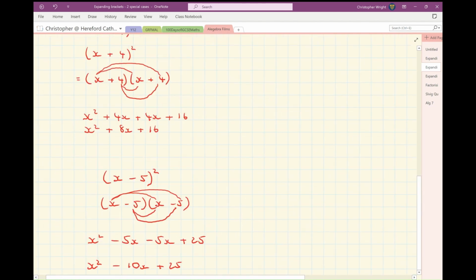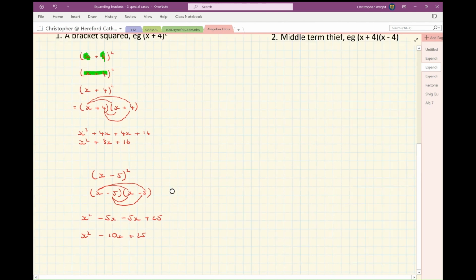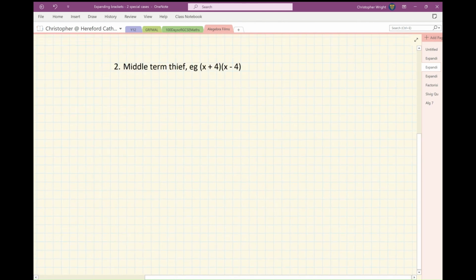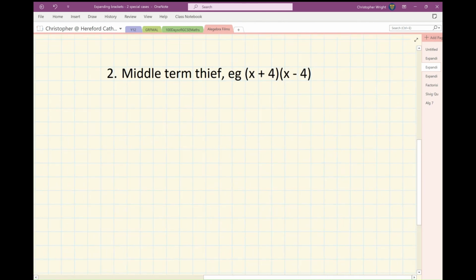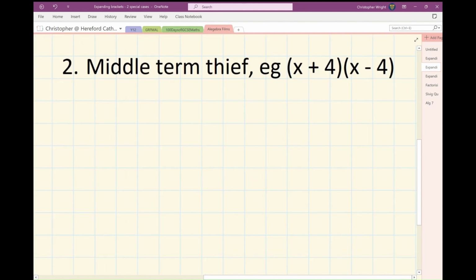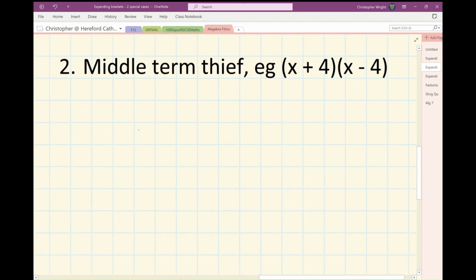Okay, let's have a look at the second special case now, which is where you have what I call the middle term thief. Let's have a look at this example here. So let's have a look at x plus 4, lots of x minus 4. Right, this time I'll do Mr. Smiley. So I'm going to have the first eyebrow and the second eyebrow.